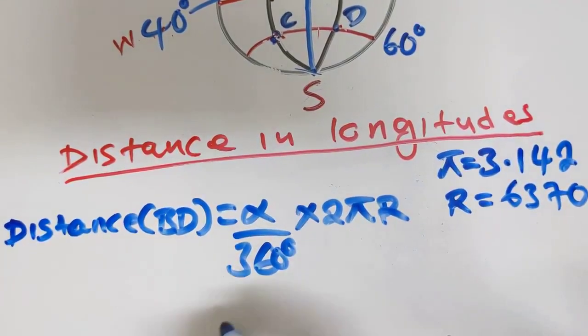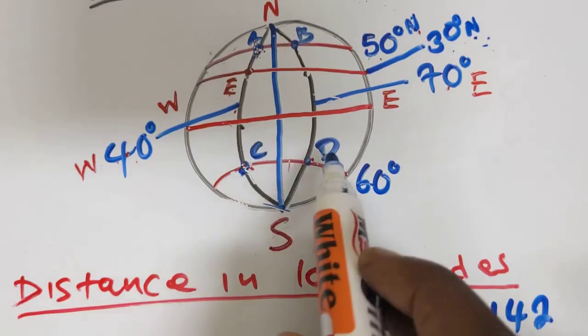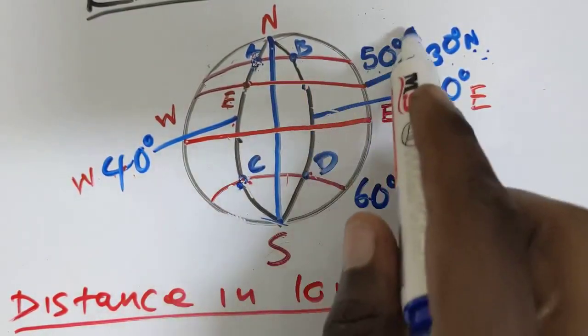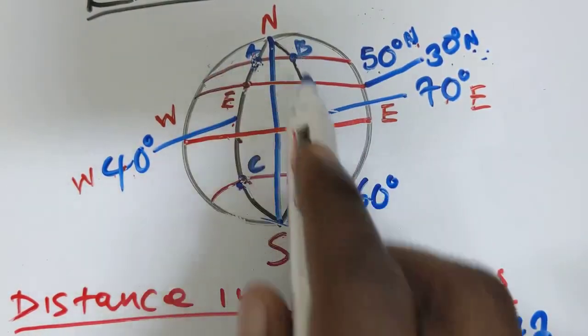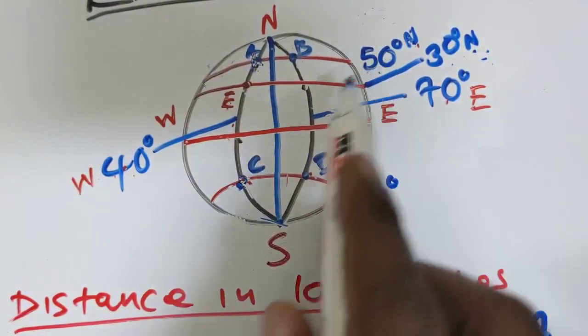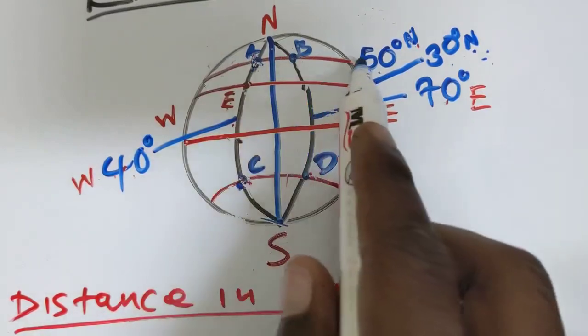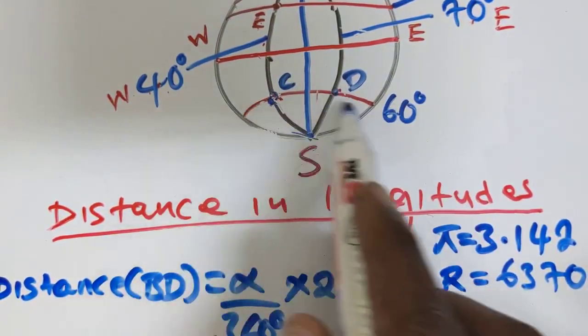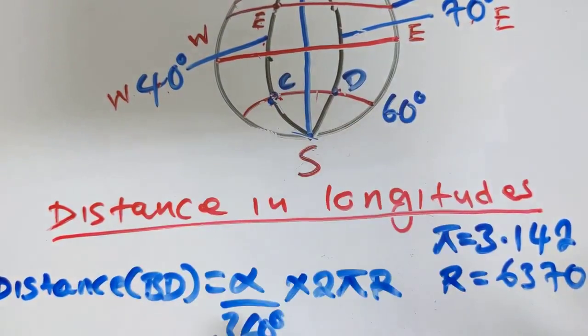So then you just start. What is the difference between B and D? The difference between B and D is just the same one, since in longitude we use the latitudes. B is in latitude 50, D is in latitude 60, so that is 110.